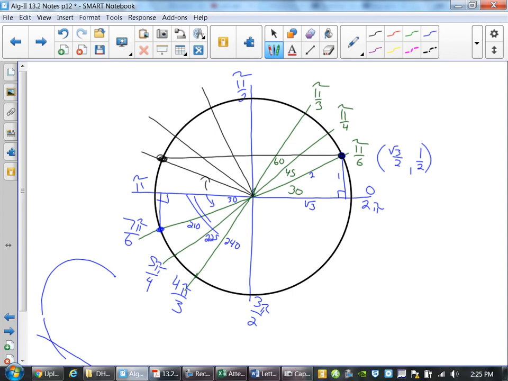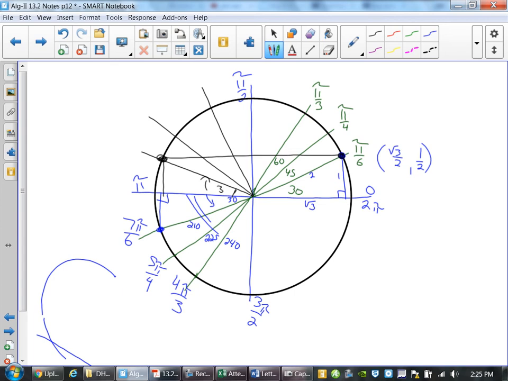You agree on that? The x value becomes negative, the y value stays the same. Therefore, these two triangles that are created are congruent via the angle here, because you still have the same, it's just reflected, excuse me.